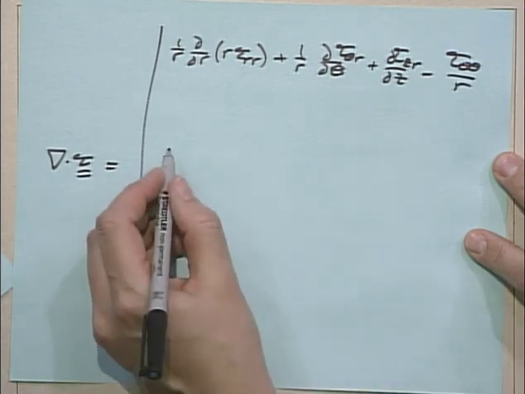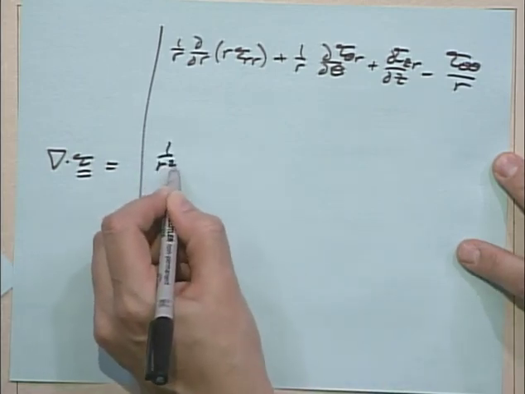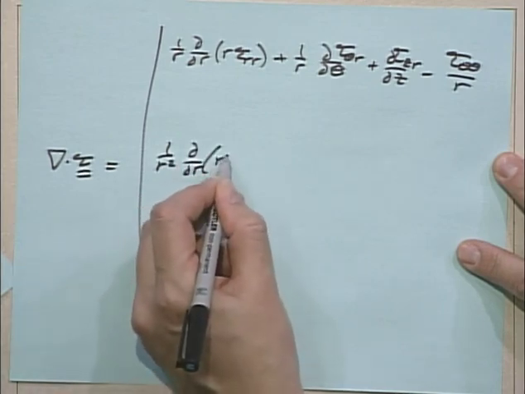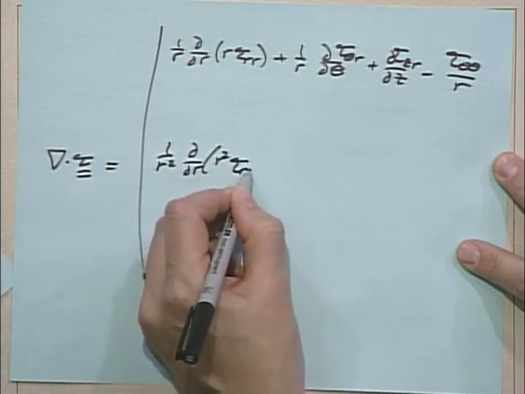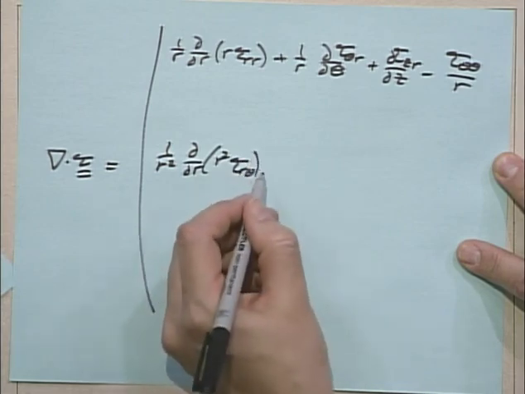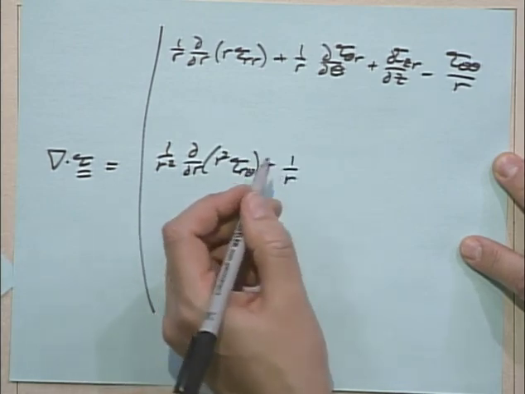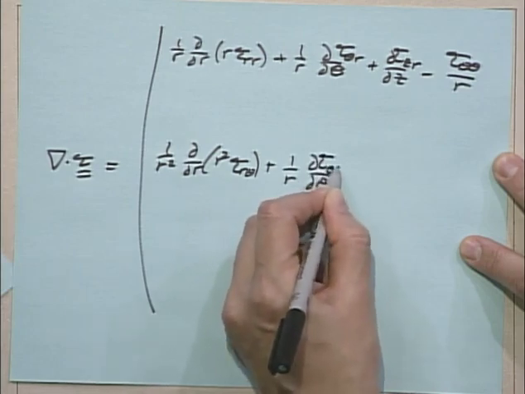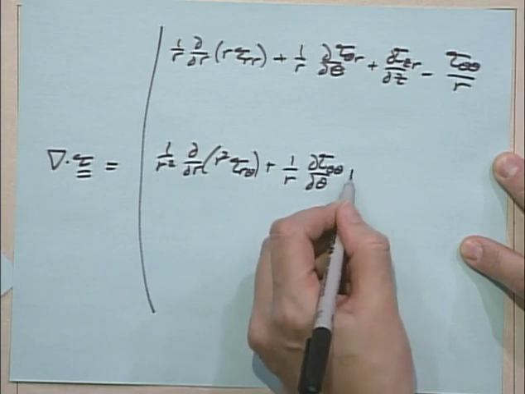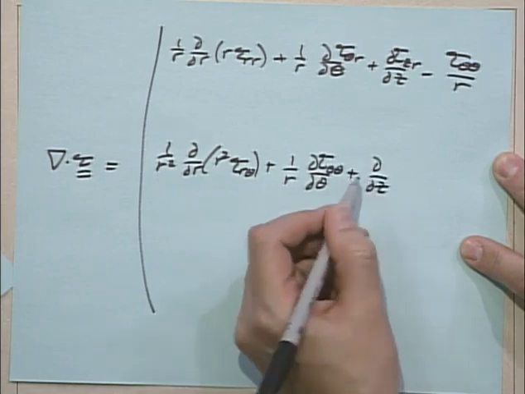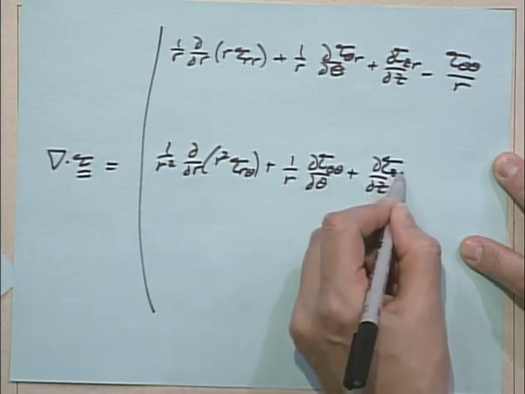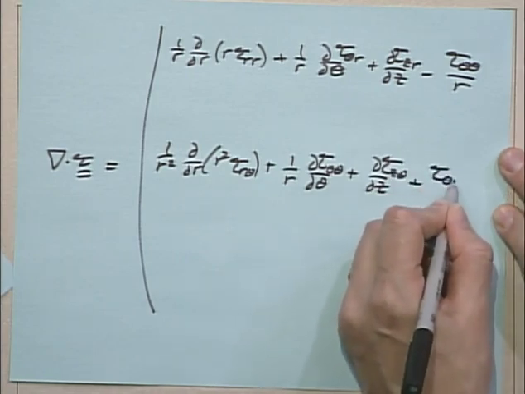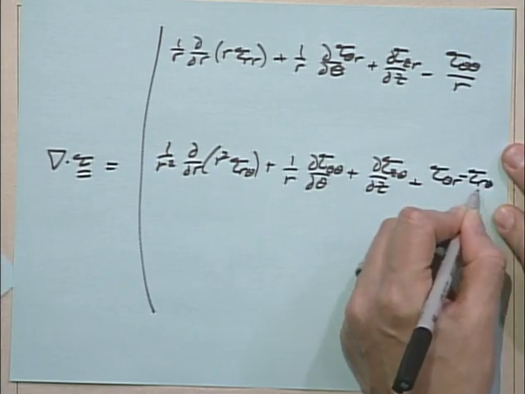The theta component of del dot tau is 1 over r squared d by dr of r squared tau r theta plus 1 over r d by d theta of tau theta theta plus d by dz of tau z theta plus tau theta r minus tau r theta over r.